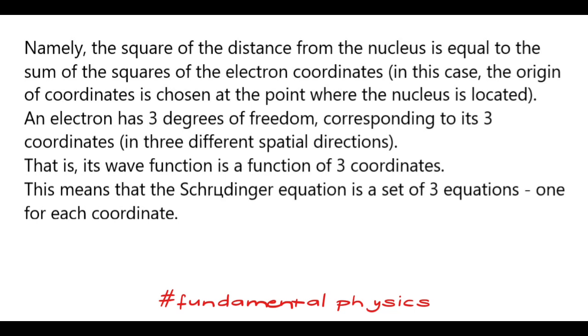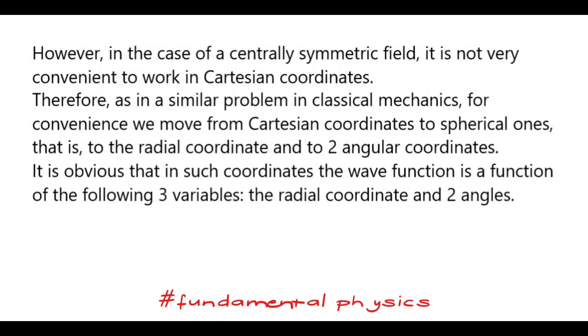An electron has 3 degrees of freedom, corresponding to its 3 coordinates in 3 different spatial directions. That is, its wave function is a function of 3 coordinates. This means that the Schrödinger equation is a set of 3 equations, one for each coordinate. However, in the case of a centrally symmetric field, it is not very convenient to work in Cartesian coordinates.